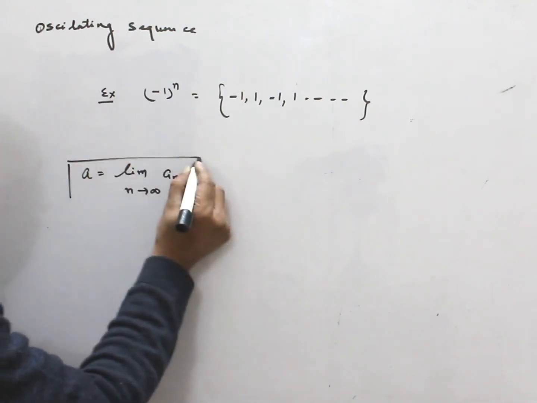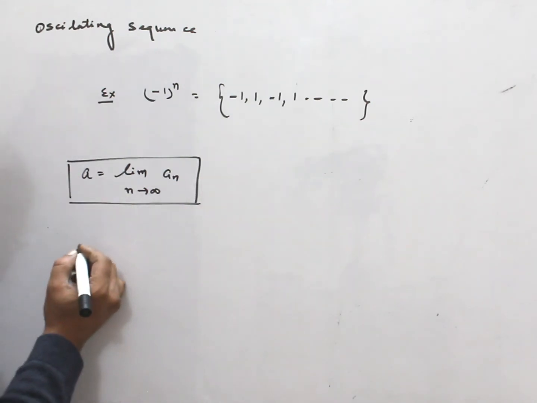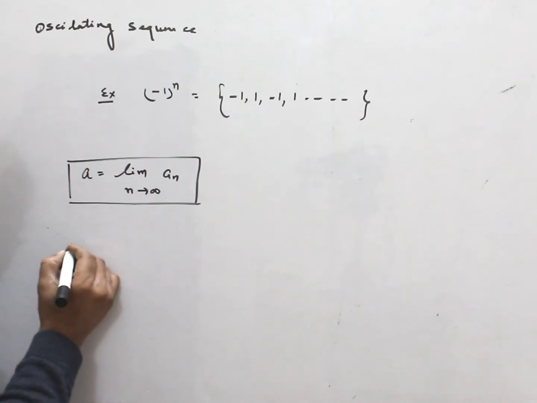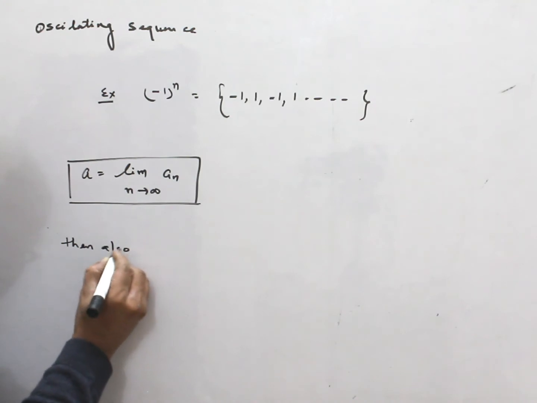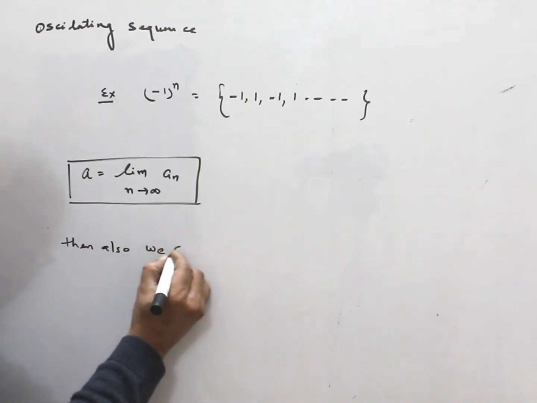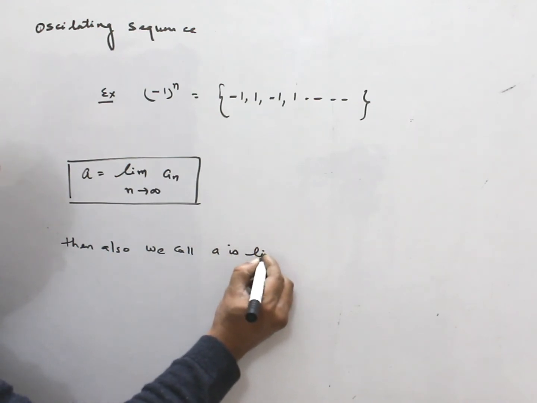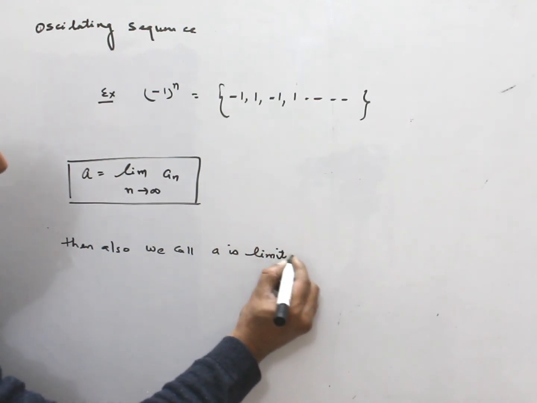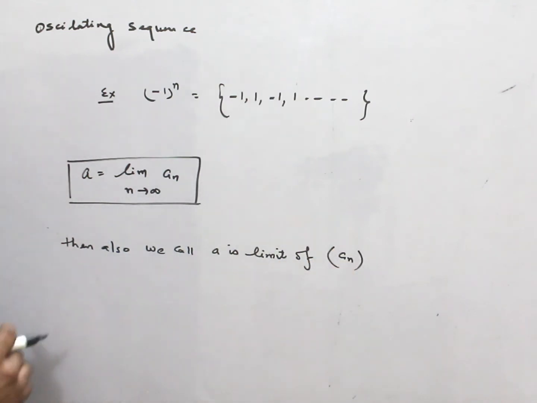So this is also one way that we say A is the limit of the sequence a_n. So these are the definitions we need to understand the sequence.